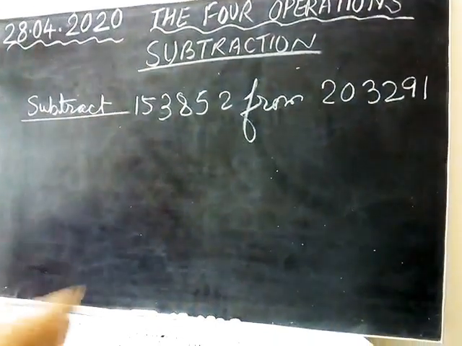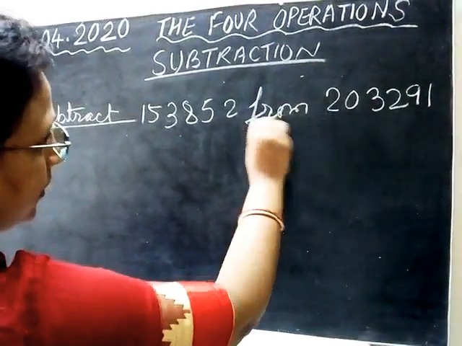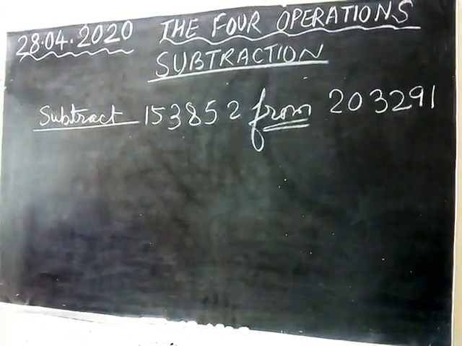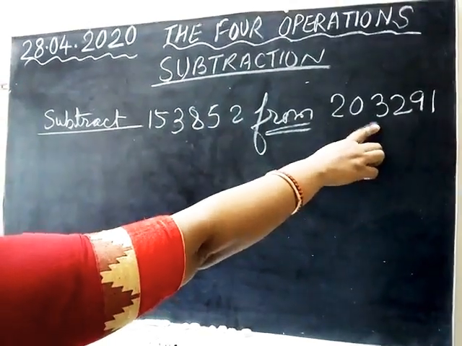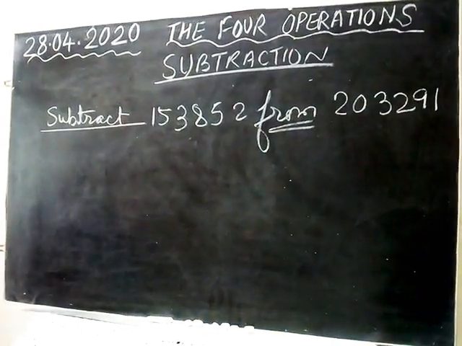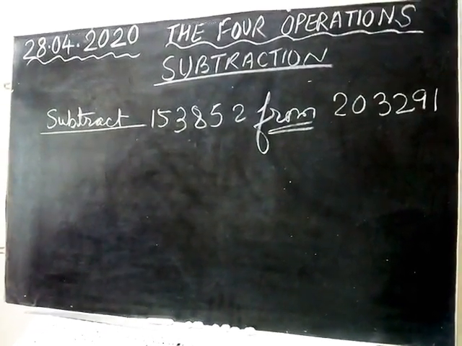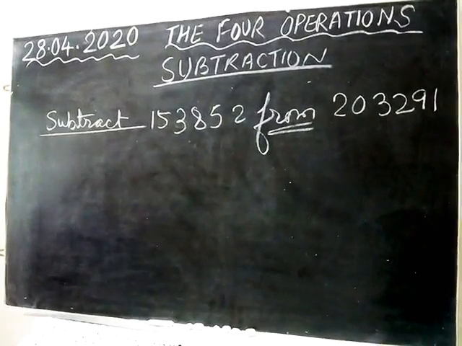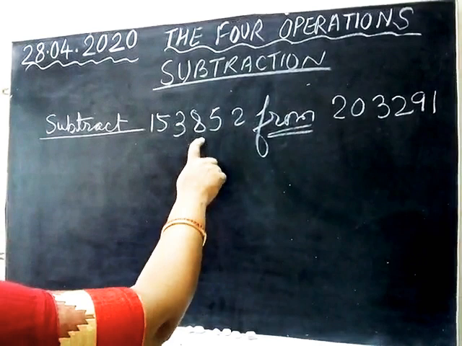Here, children, you cannot copy and simply start subtracting, because here "from" is written. And what does this "from" mean? From means you have to subtract this number from this. If I ask you, take out your pencil from your bag, that means the pencil will be taken out from the bag, not the bag taken out from the pencil. So here from means I have to subtract this number from this.